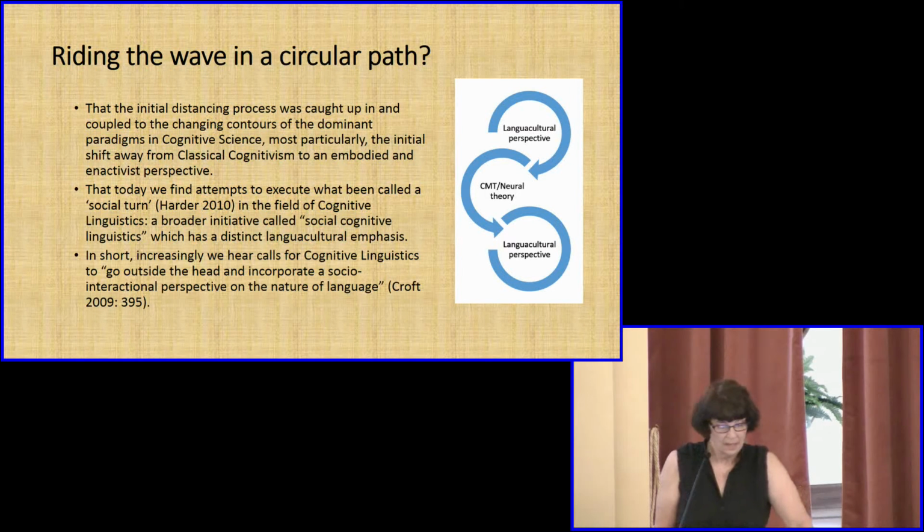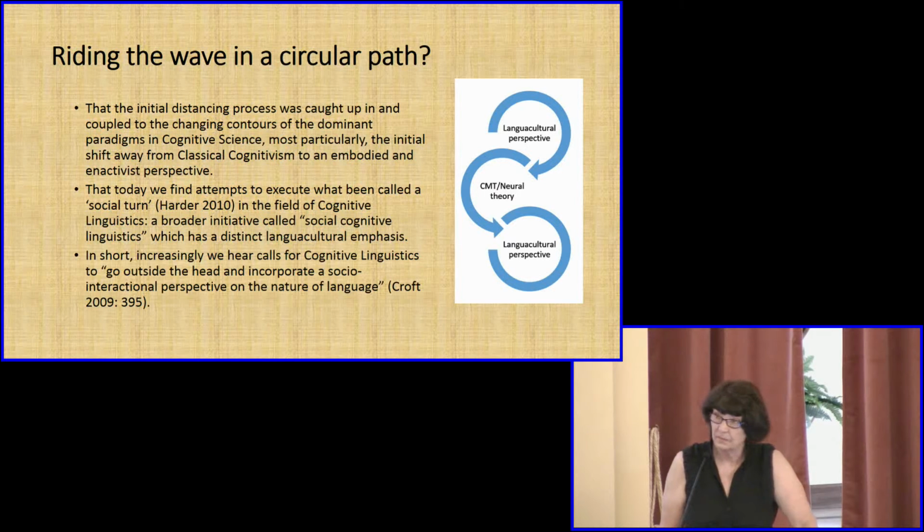I'll argue that the initial distancing process was caught up in and coupled to the changing contours of the dominant paradigms in cognitive science, most particularly the initial shift away from classical cognitivism to an embodied and an activist perspective.